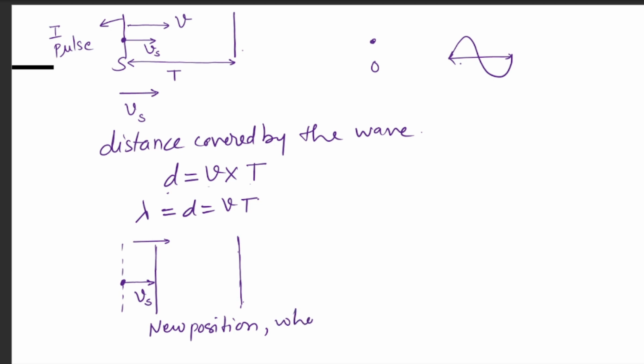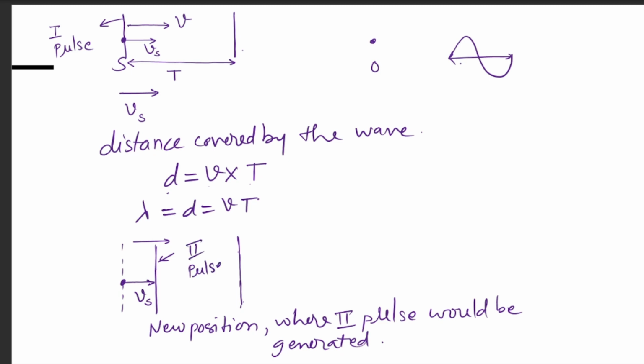This is the new position where the second pulse would be generated. So at this point, the second pulse is getting generated. Actually, if the source was stationary, the second pulse would have been generated here.